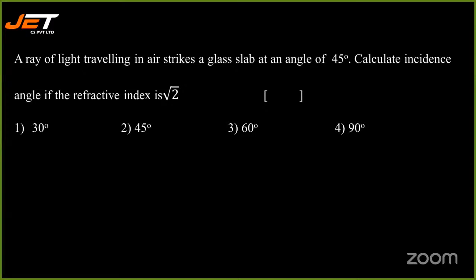So what is sin 45? So sin 45 is 1 by root 2. Because sin 45 is 1 by root 2, you'll get root 2 into sin r is equal to root 2. You'll get 1. So which is 30 degrees. The incident angle will be 30 degrees.